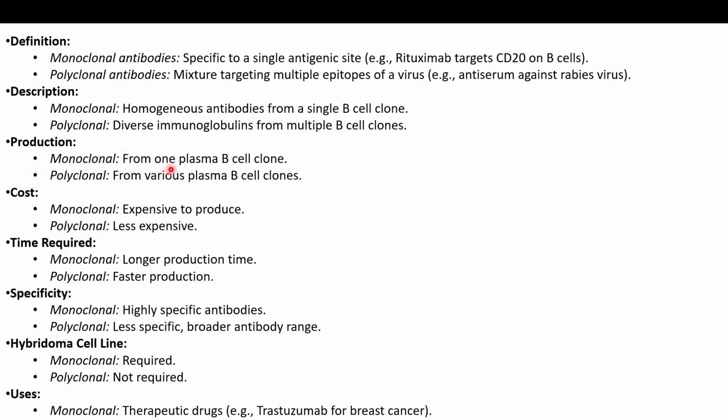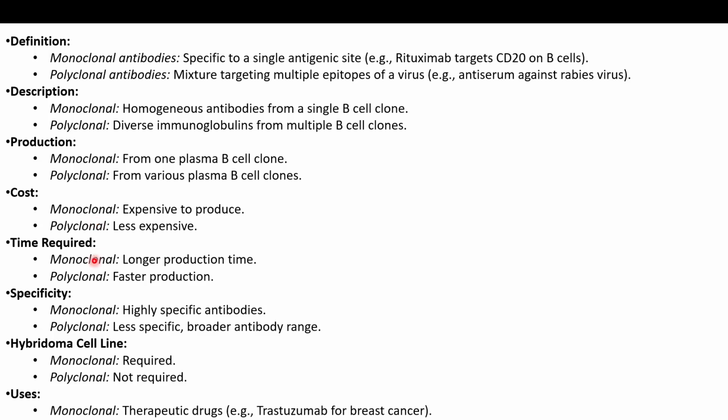Monoclonal antibodies are produced from one plasma B cell clone, whereas polyclonal ones are produced from different plasma B cell clones. Production of monoclonal antibodies is expensive compared to polyclonal ones, because monoclonal have to be really specific and it takes a lot of time to generate.